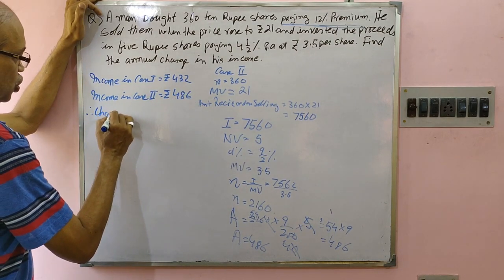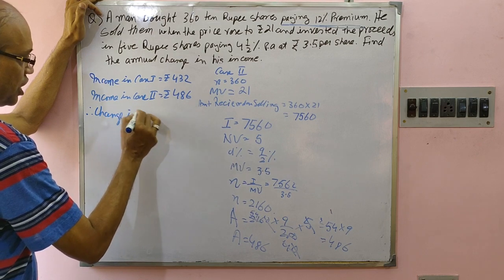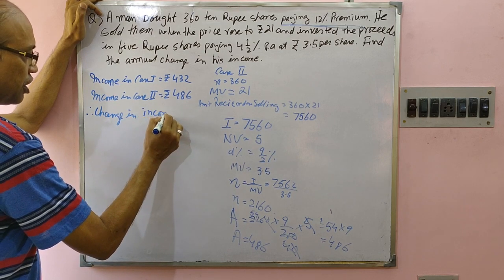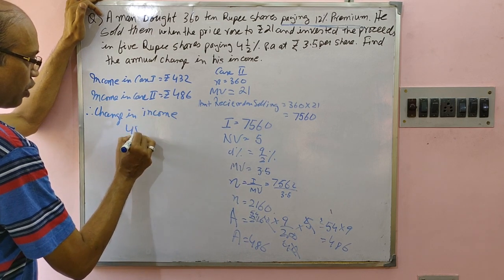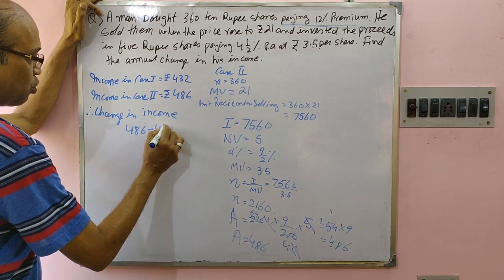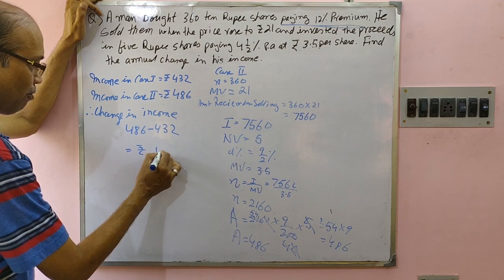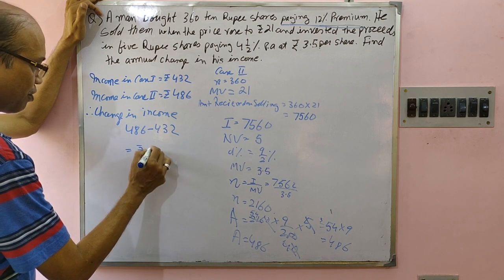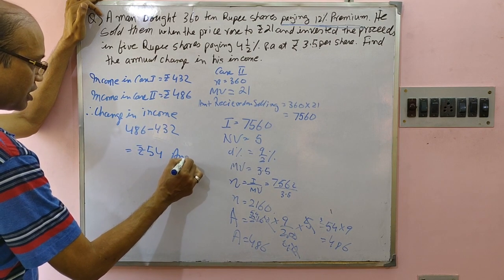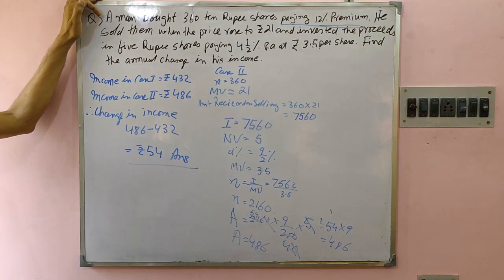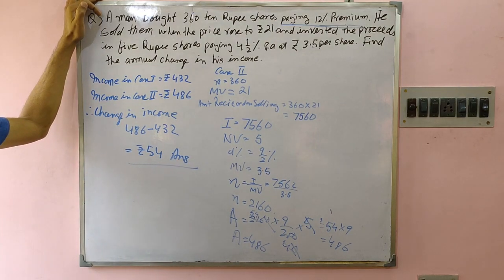Therefore, change in income is 486 minus 432, which is rupees 54. This is your answer. The change in income is rupees 54.